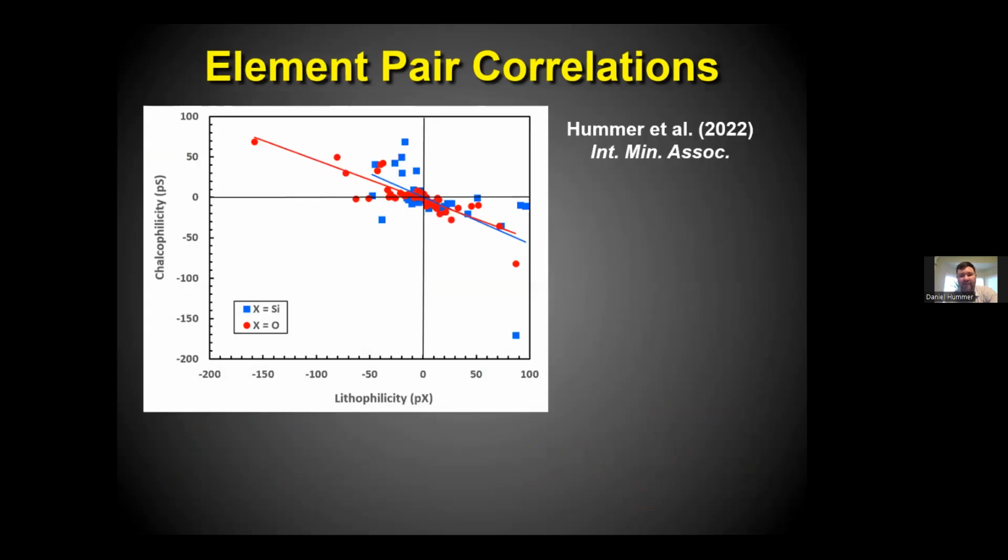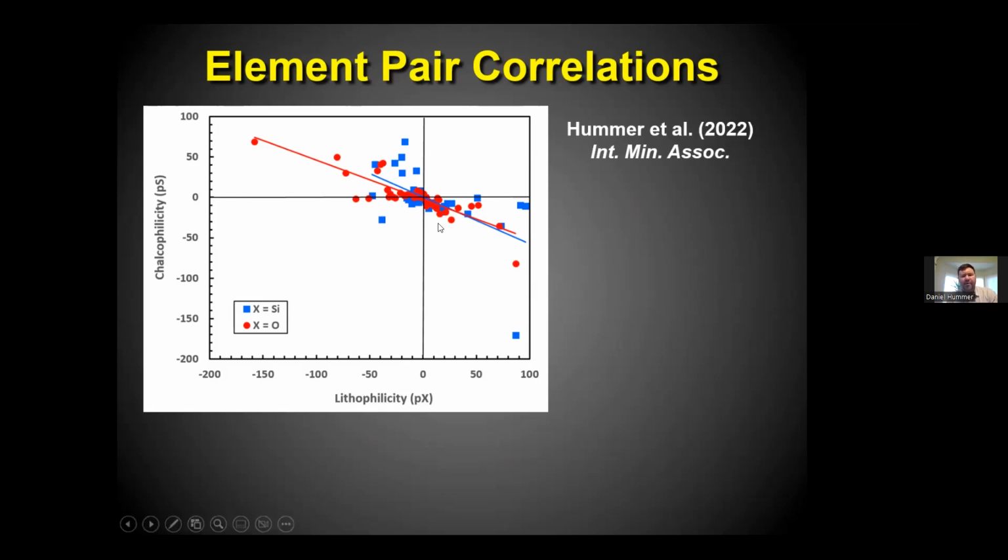Now, if you take all of these values and plot them out on the same diagram, here I'm showing the chalcophile tendency on the vertical axis and the lithophile tendency on the horizontal axis. And what you find is that there's a really striking correlation between the two. And this is something that I presented just last year to the International Mineralogical Association.